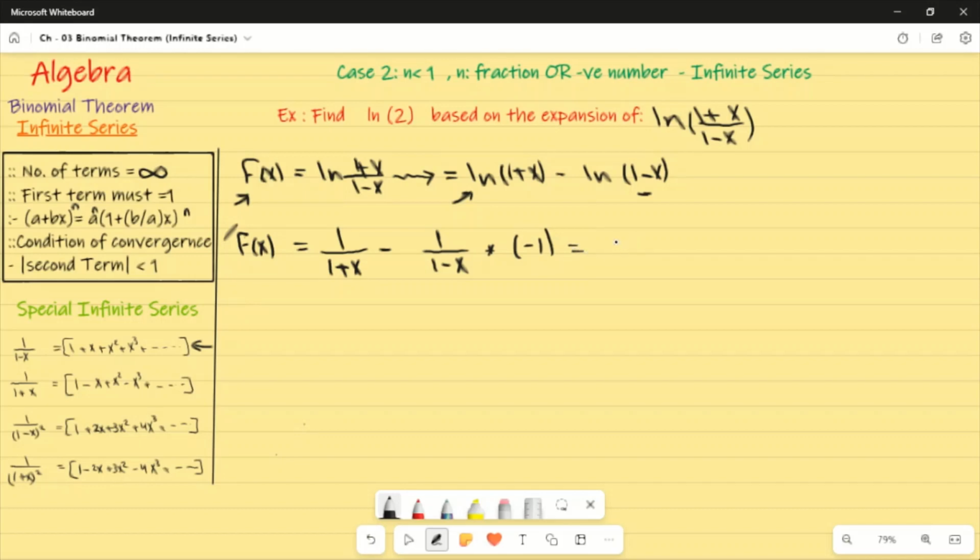Here we find 1 by (1 plus x) plus 1 by (1 minus x).